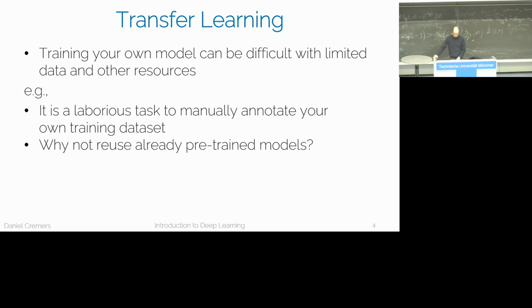And the idea of transfer learning is that you already start with a pre-trained network. So you've trained a network to solve a specific task, let's say ImageNet, and then you want to see if you can recycle that network to do a different task. And this is called transfer learning.